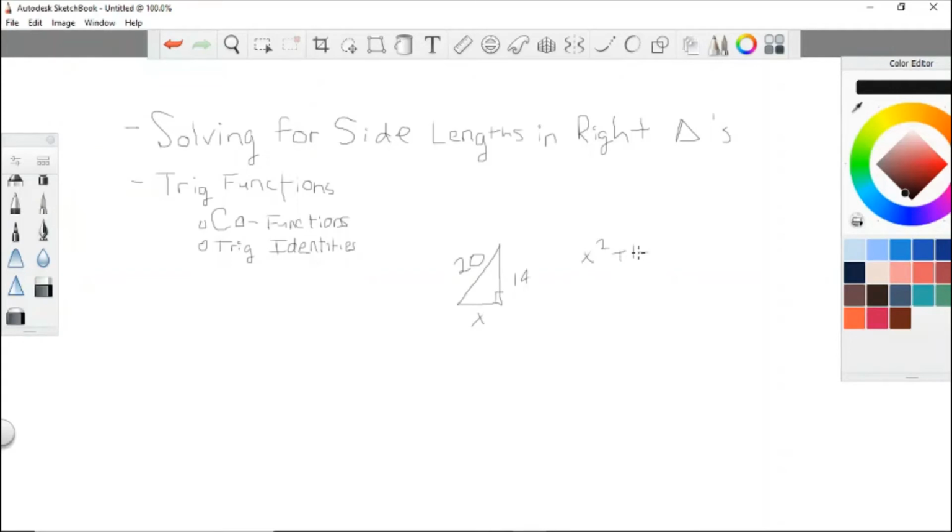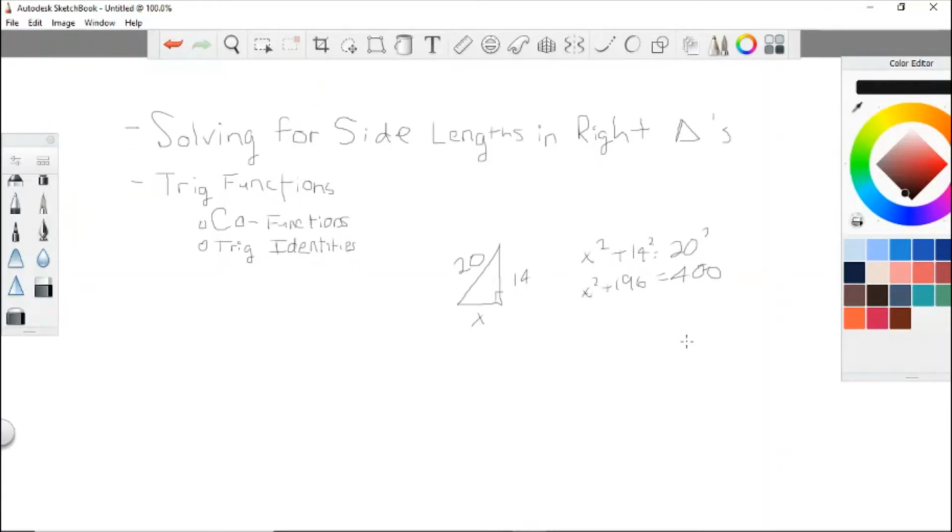X squared plus 14 squared equals 20 squared. 20 squared is just 400. And 14 squared is 196. So x squared plus 196 equals 400.